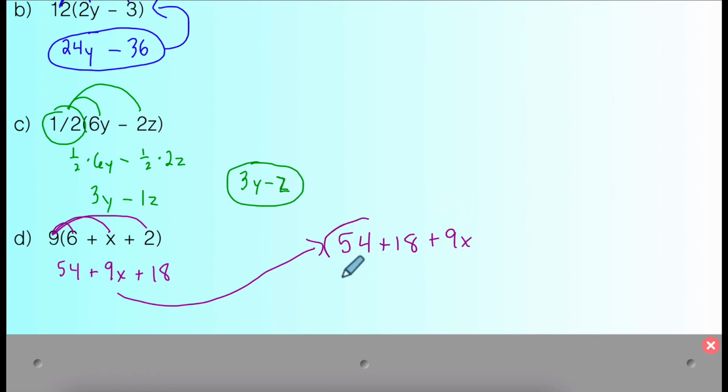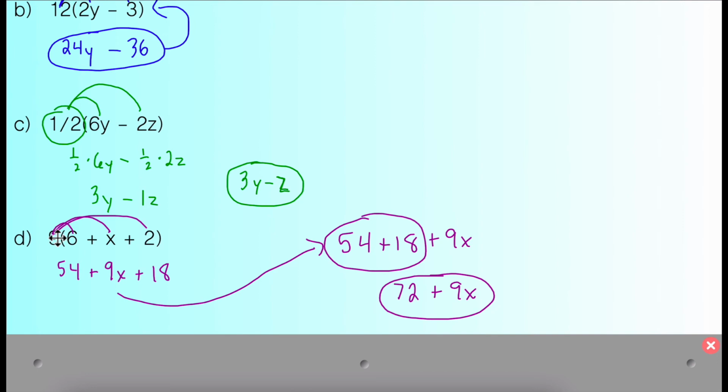Look at this. I could actually do that addition there and simplify this even further. 54 plus 18 is 72. And so I could rewrite this in its simplest form as 72 plus 9x.